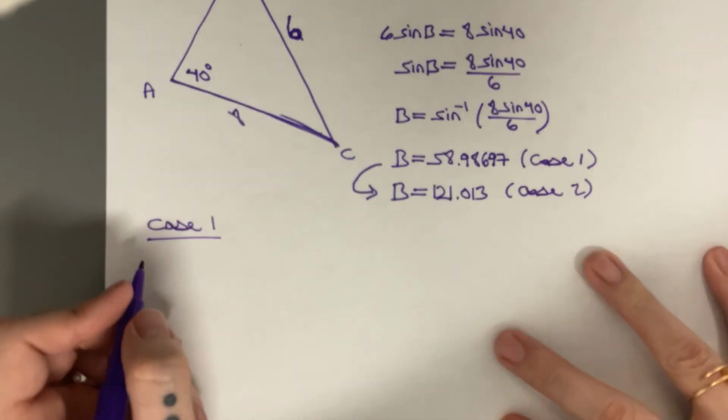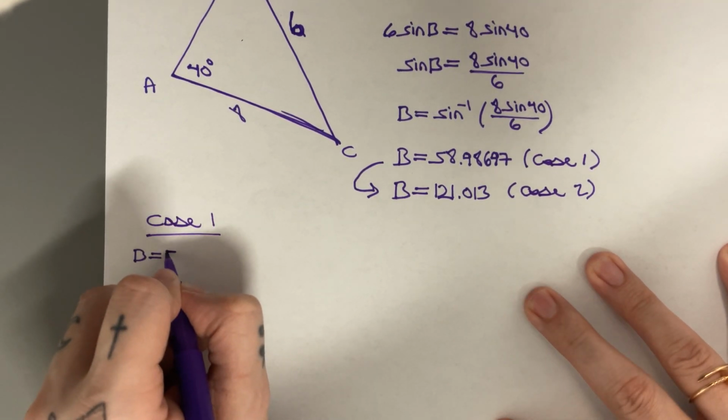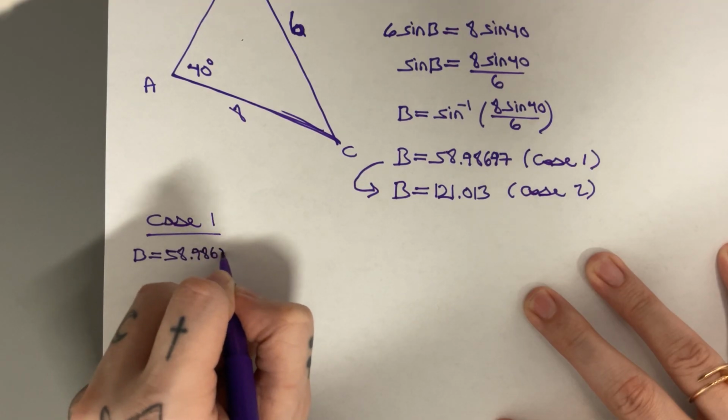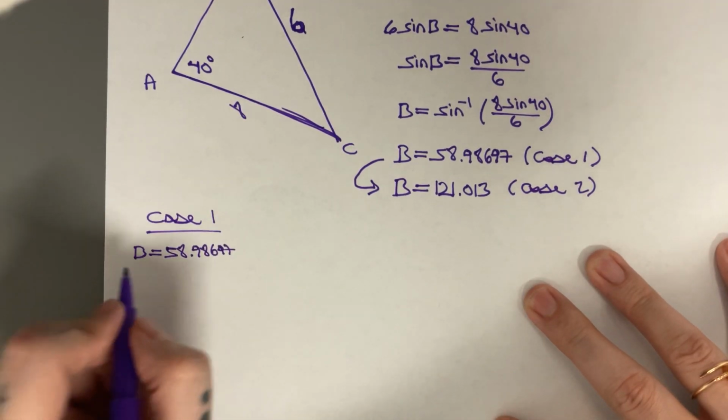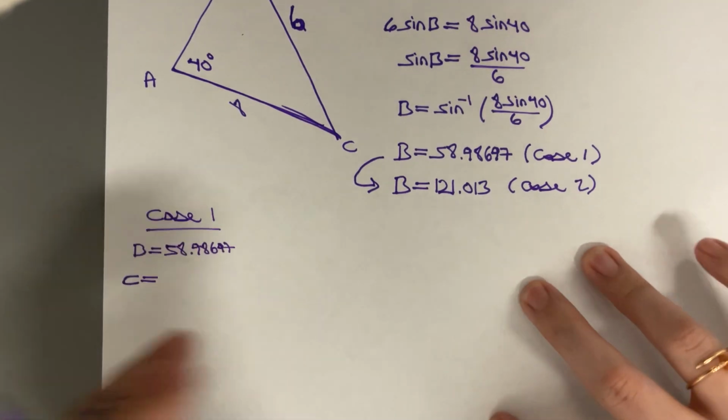So in case 1, what this tells us is that your b value is going to be equal to 58.98697, which means we're going to check to see if angle C will exist.